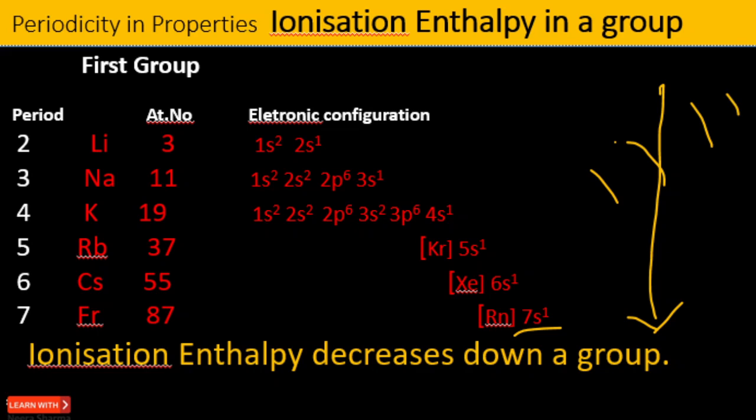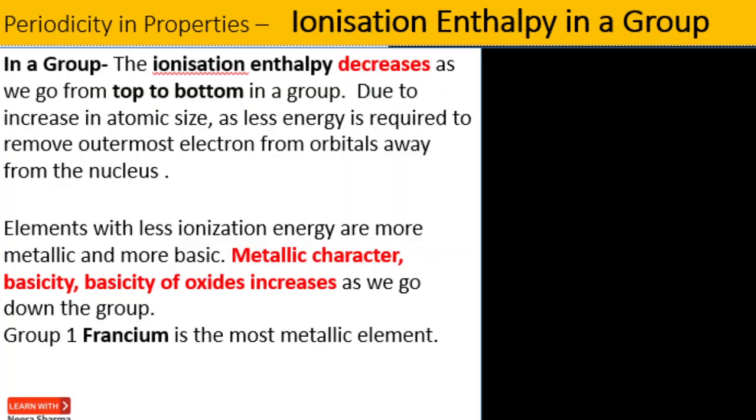So we require less energy, therefore ionization enthalpy decreases as we go down a group.